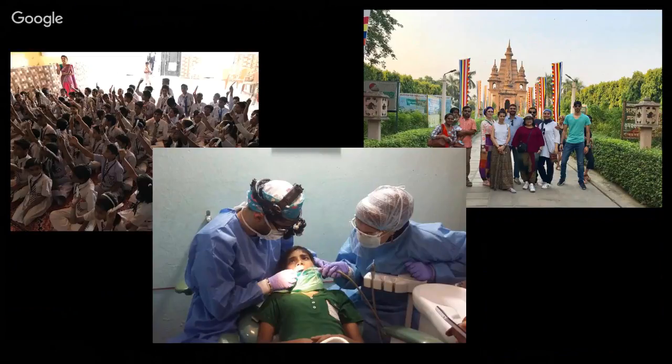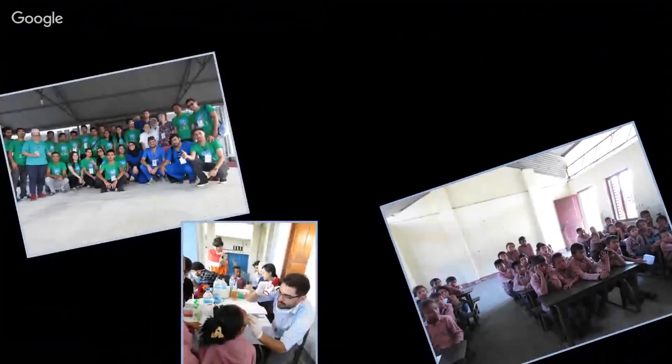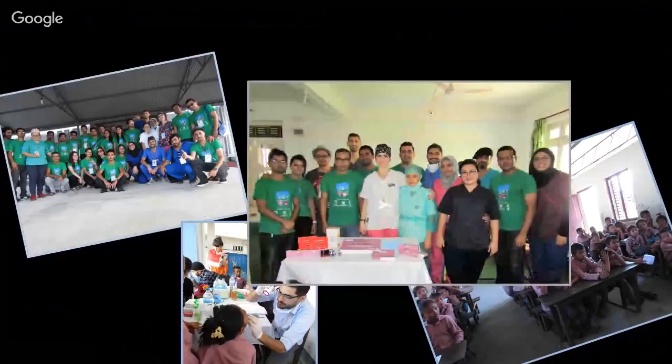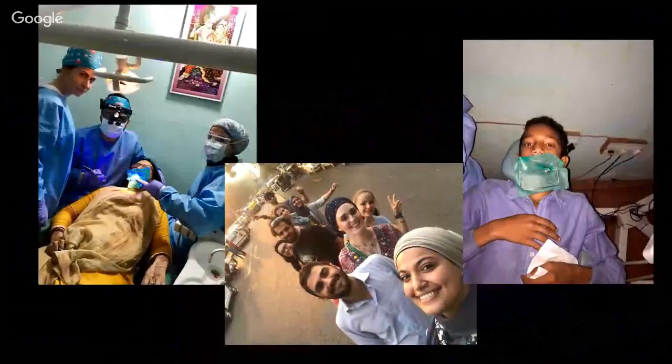So of course, what we want is the best possible treatment for our patients, and we cannot achieve it without rubber dam. It was last year in Nepal, and again this year in India.